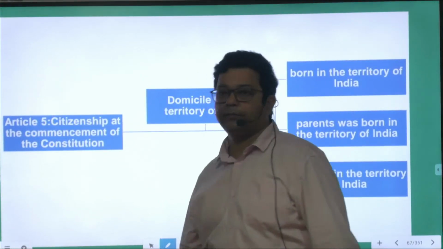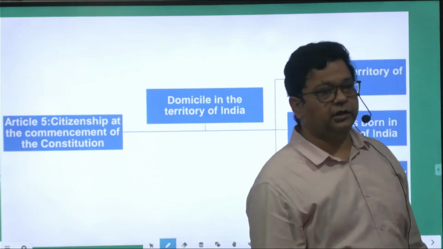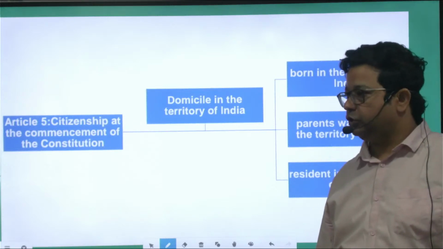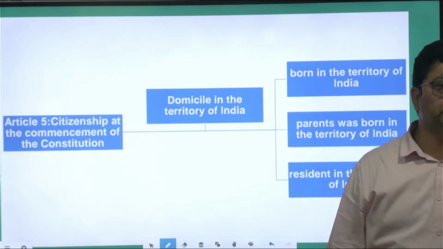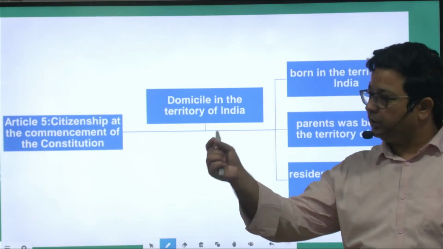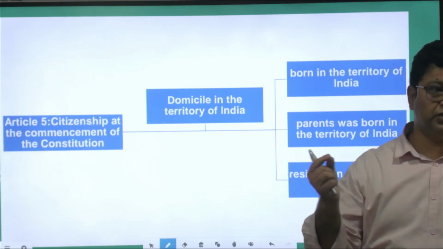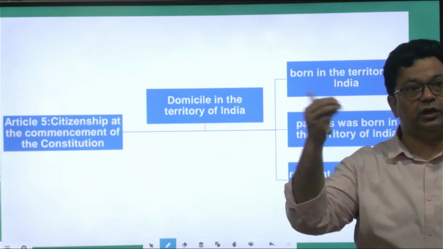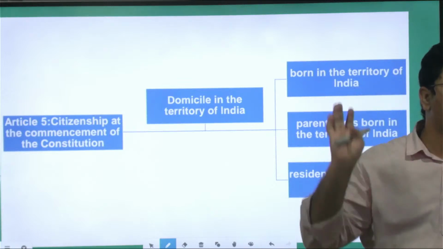So as I said, none of the Articles 5, 6, 7, 8, 9, 10, 11 of the Constitution talk about provisions providing citizenship to individuals. Neither are they talking about the status of citizenship after the commencement. They are only talking about the commencement of the Constitution.